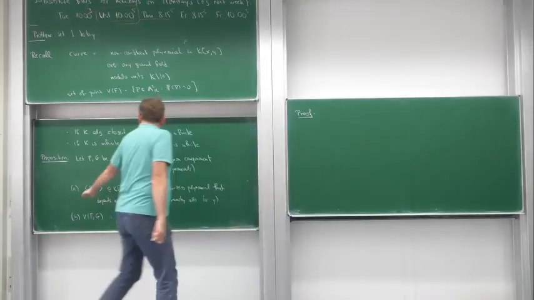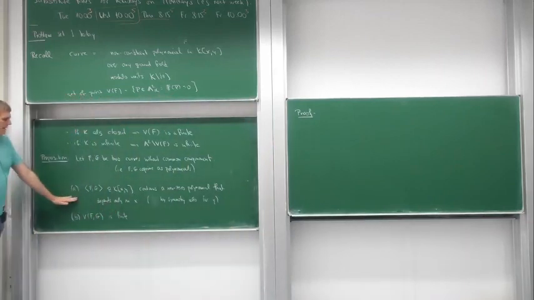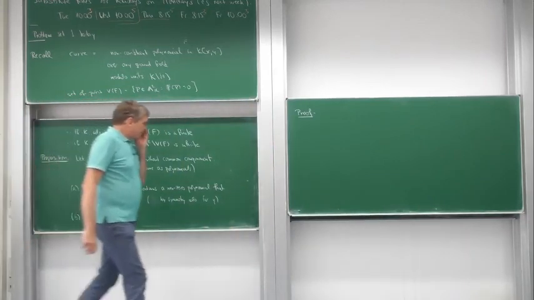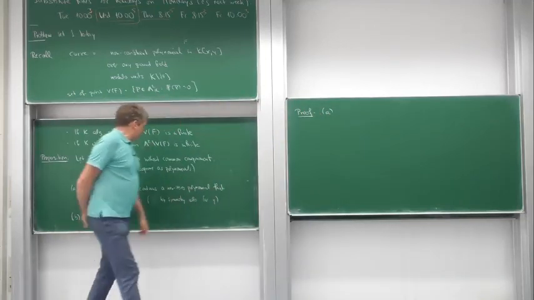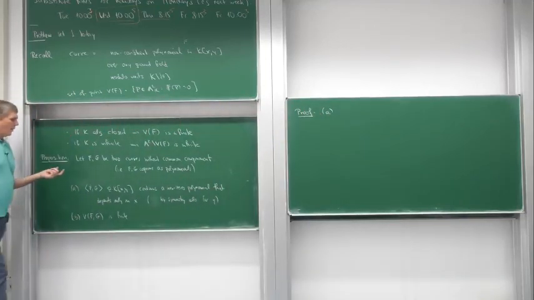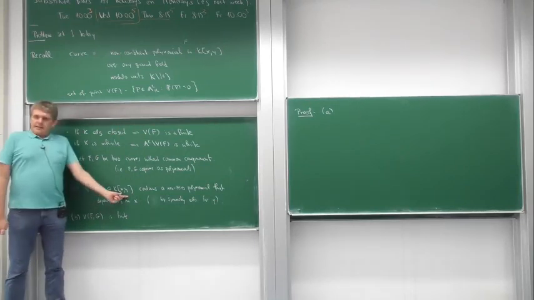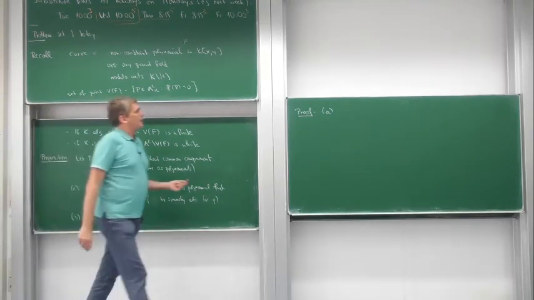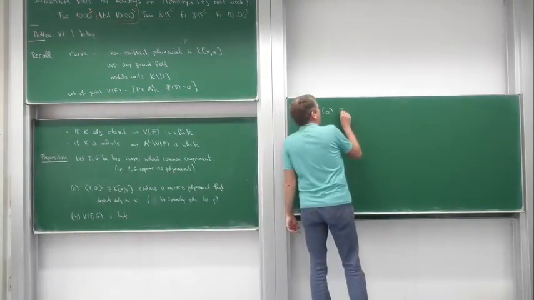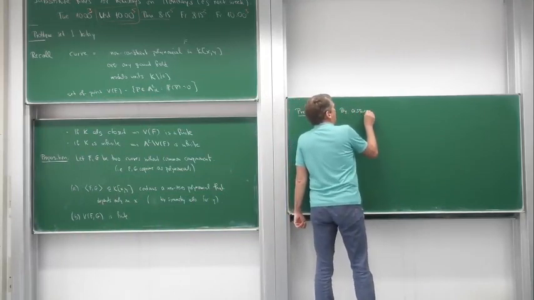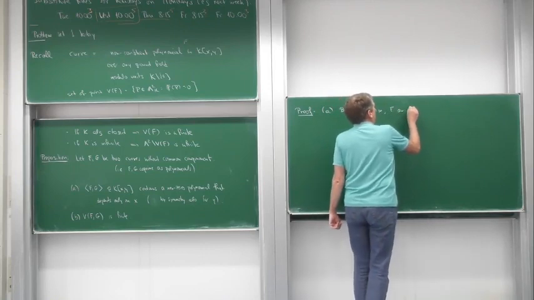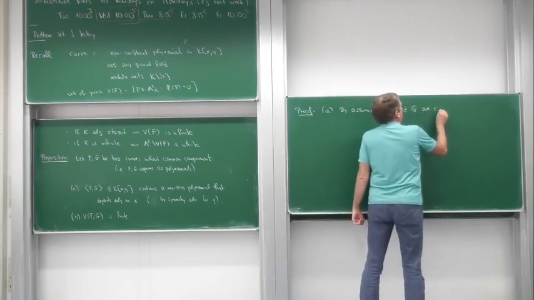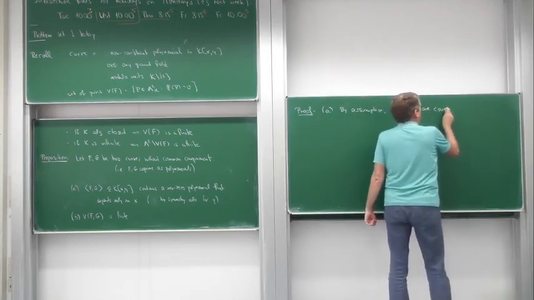So for the proof, part A is somehow the main part: find such a polynomial. We've assumed that f and g are coprime as polynomials in x and y, so in this ring. By assumption, f and g are coprime in the polynomial ring.